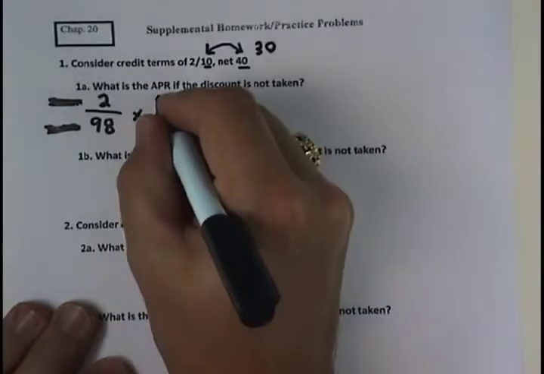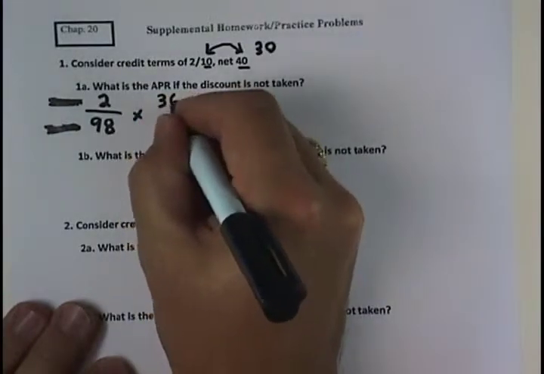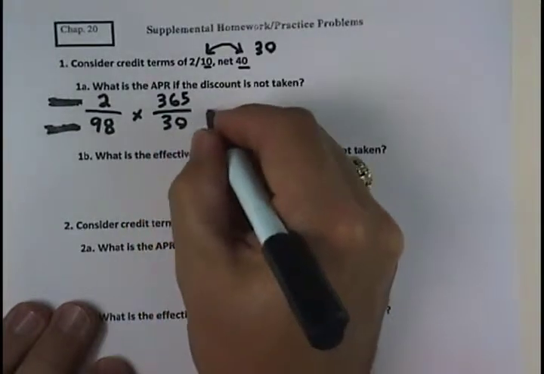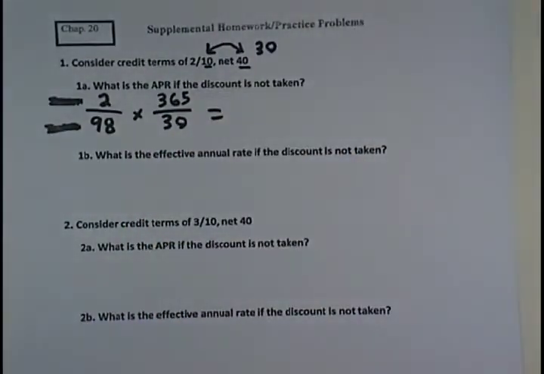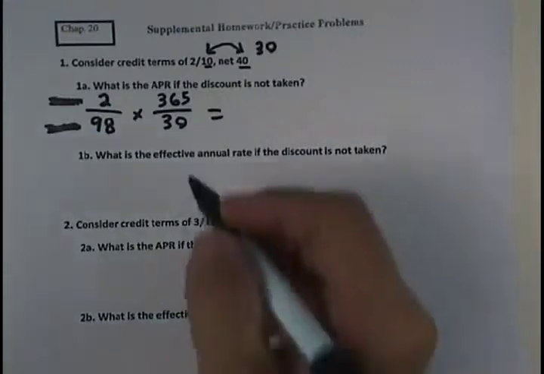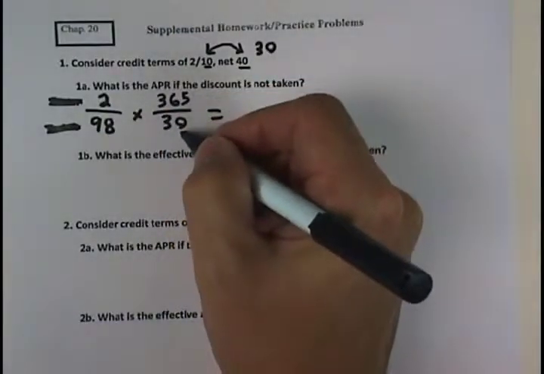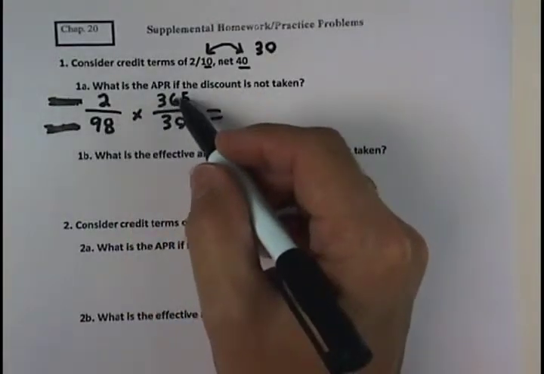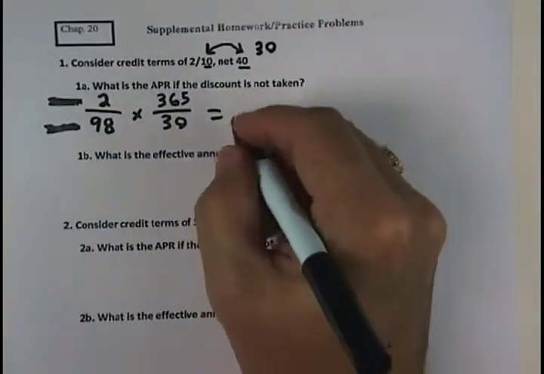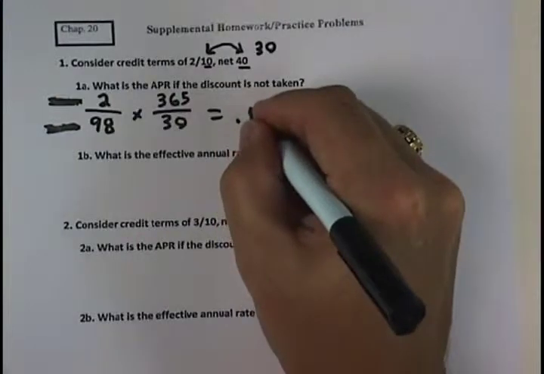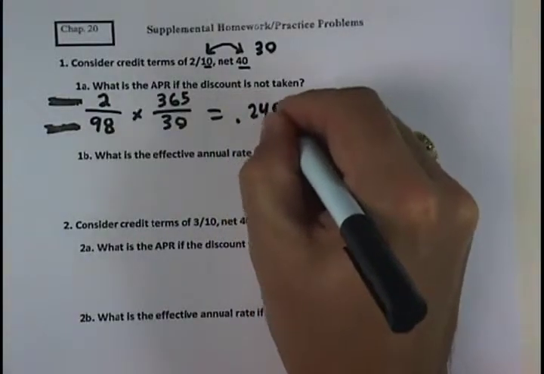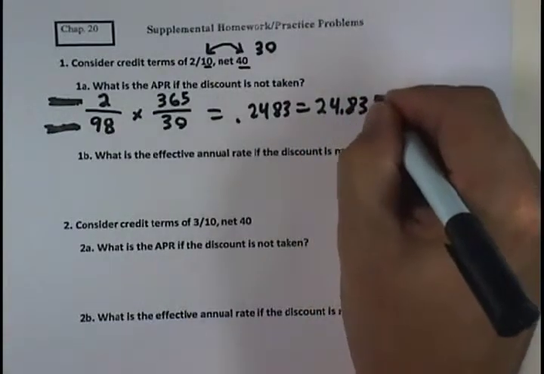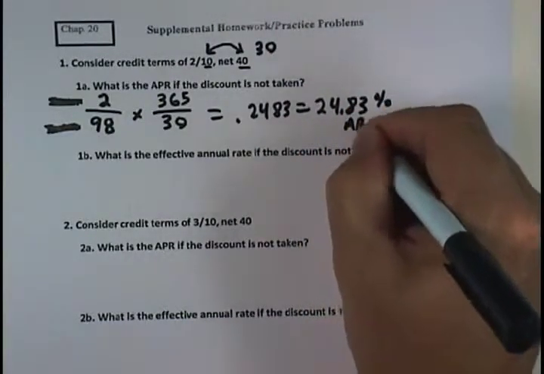So we'll annualize this by multiplying by the number of 30-day periods there are in a year, 365 divided by 30. So there are a little over 12 30-day periods in a year. So take the 2 over the 98 and multiply by the 365 over 30 to annualize that, and you'll get 24.83% as your APR if you don't take the discount.